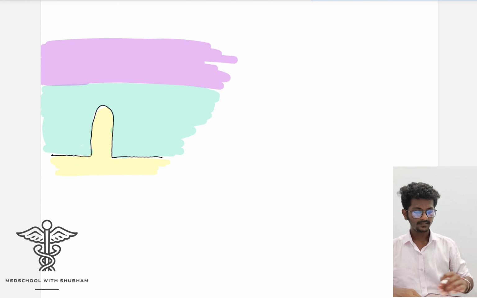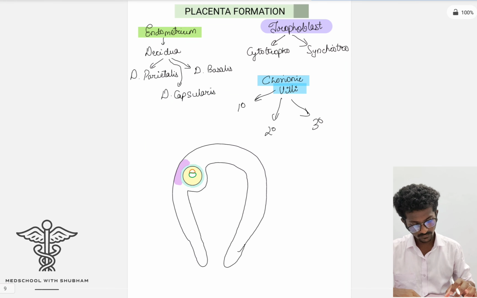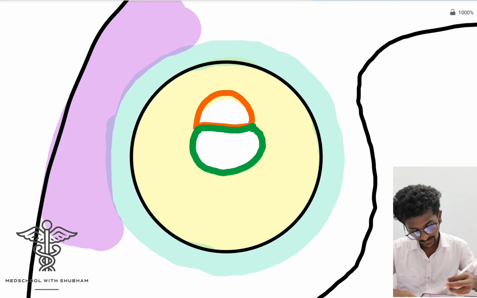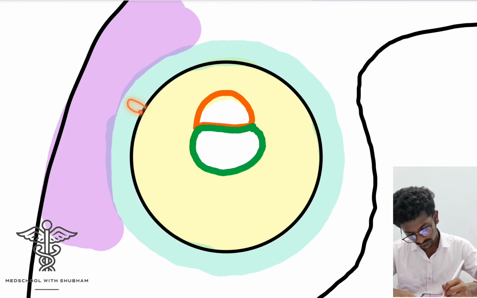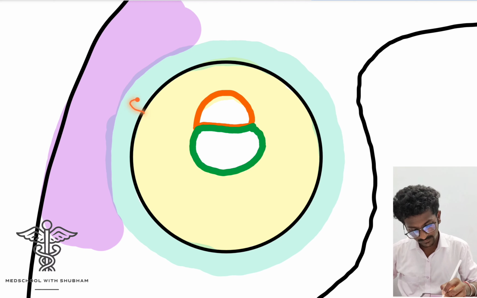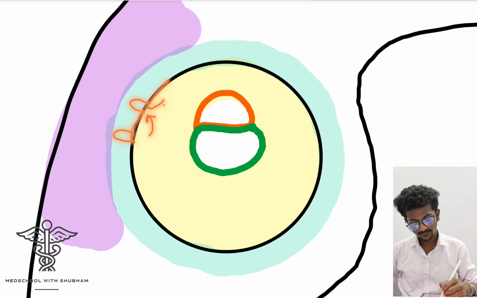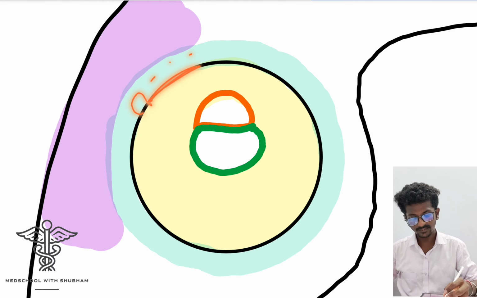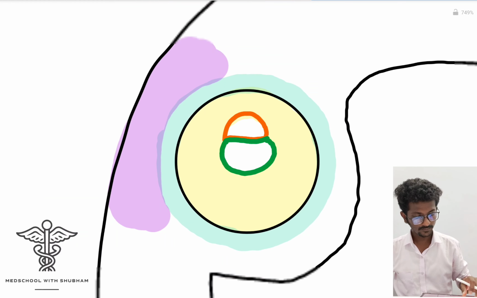Okay. See, I have drawn the same diagram over here as this. Just I have made a difference that I have made a secondary chorionic villi over here, an extension of the cytotrophoblast, and then extra embryonic mesoderm invaded there. So I have shown secondary chorionic villi. Rest everything is same. The secondary chorionic villi, the syncytotrophoblast, cytotrophoblast, and the decidua basalis.